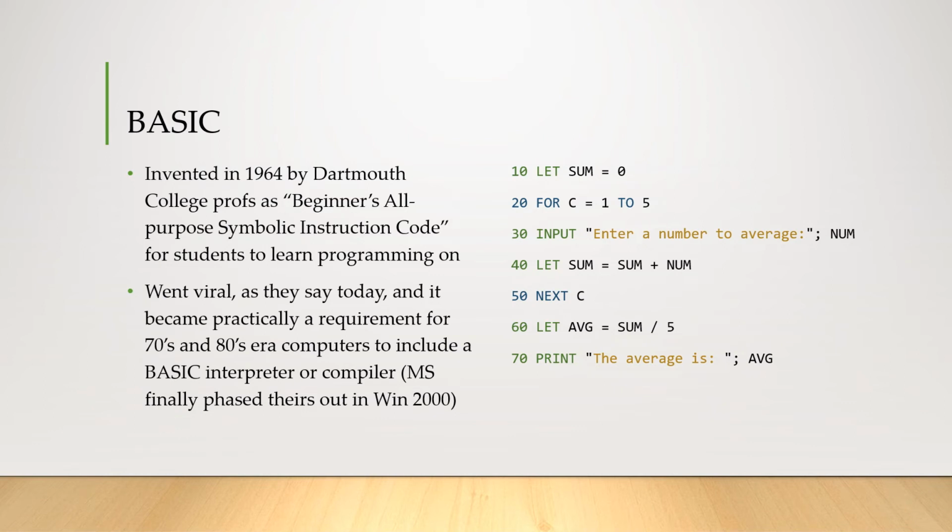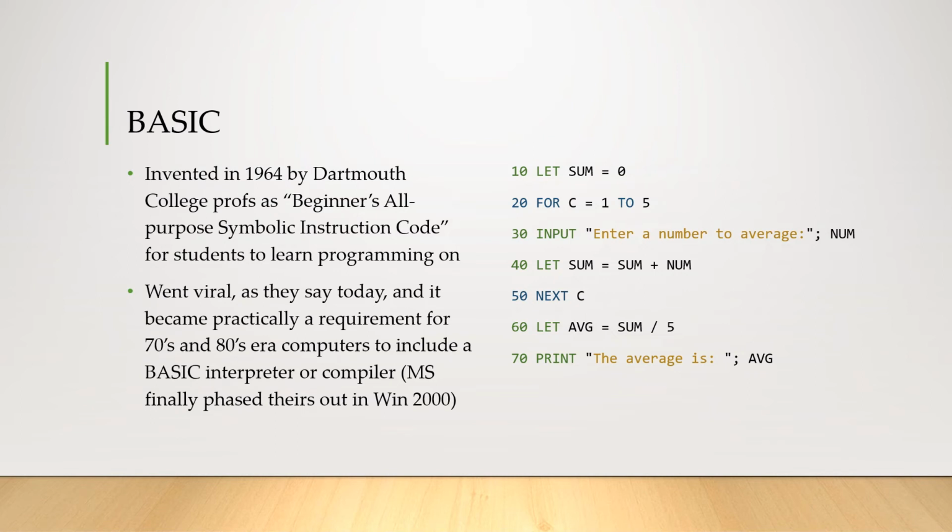So you could say for C equals 1 to 5, do two things: input a number, add it to sum, and then you say next C, and that jumps you back to the for loop. And you keep doing that from 1 to 5, and then average is sum divided by 5.